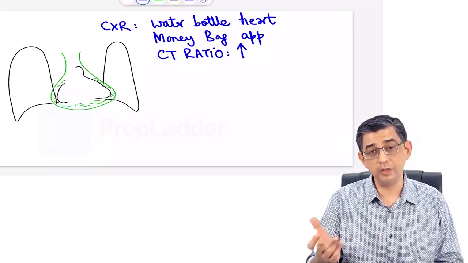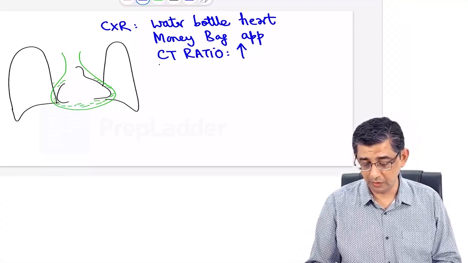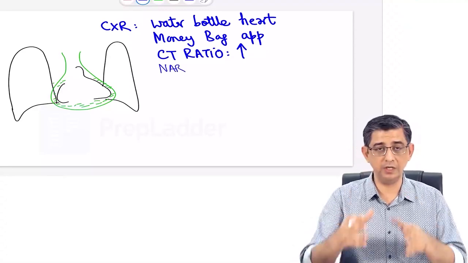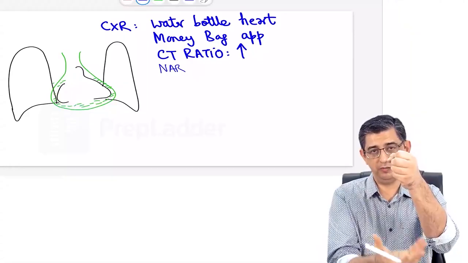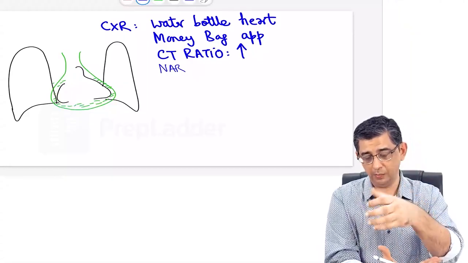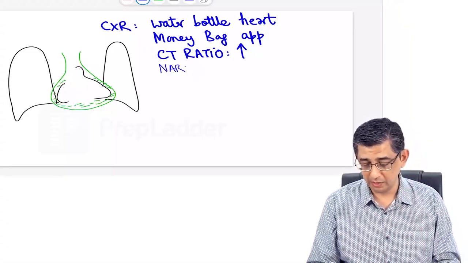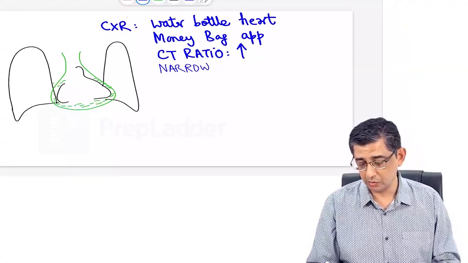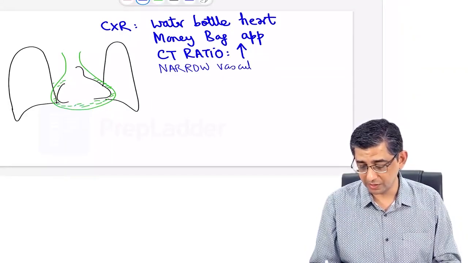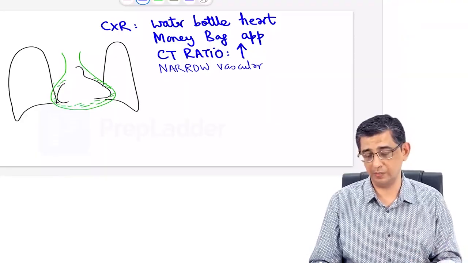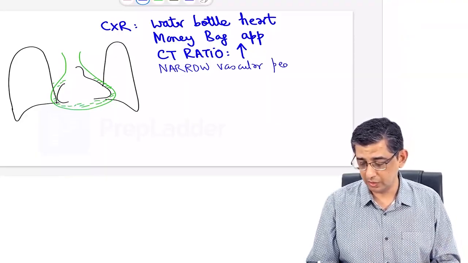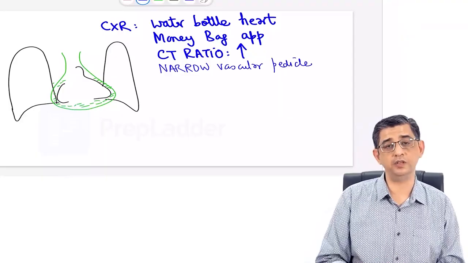And the term that will be used sometimes just to trouble you is narrow vascular pedicle. What it means is, it's like a sac, no? The fluid will gravitate to the bottom. The upper part will be relatively lesser, having less fluid or relatively empty. The sac per se I'm talking about. So narrow vascular pedicle, because that is where the blood vessels are. Aorta is present, pulmonary artery is present. So narrow vascular pedicle, increased cardiothoracic ratio.